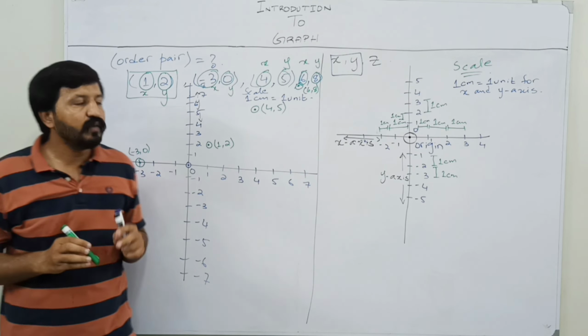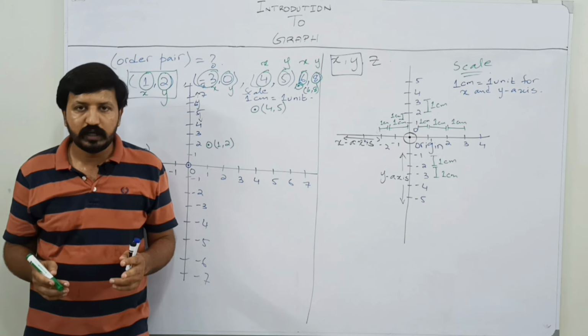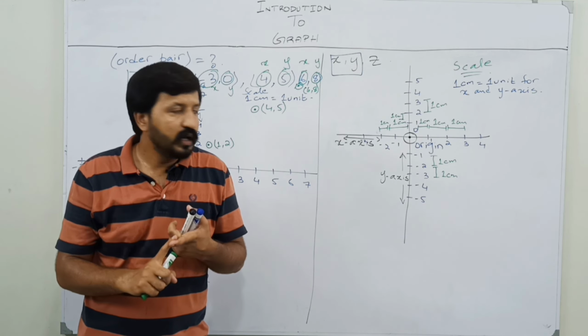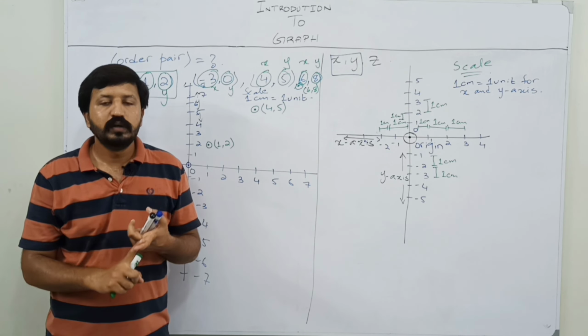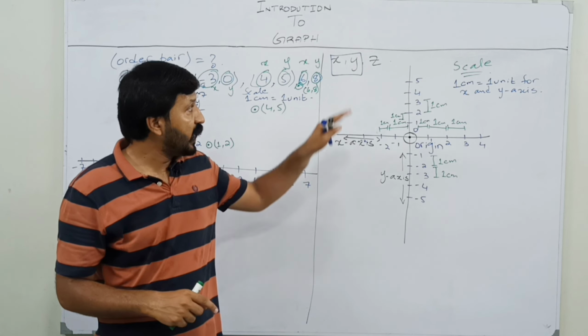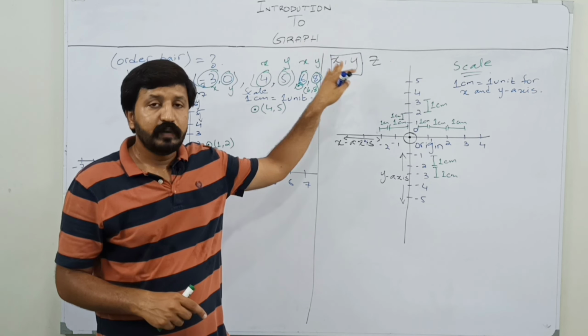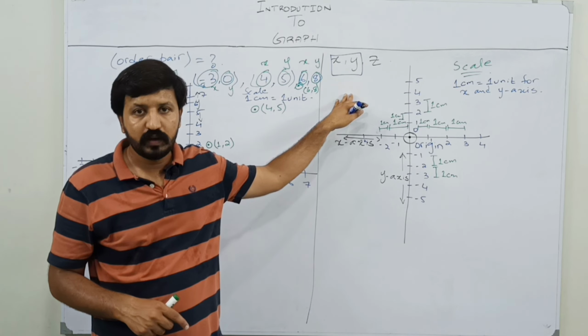I hope you guys have understood what we have done in this video. First of all, we discussed the number line. Then we discussed the x and y axes. We are going to discuss only the two-dimensional graph here.